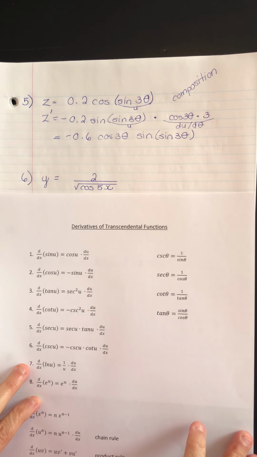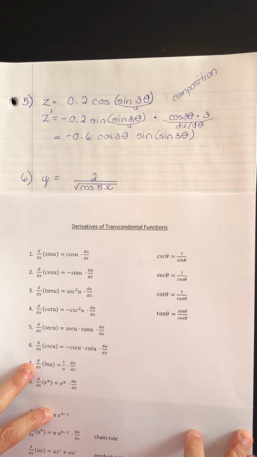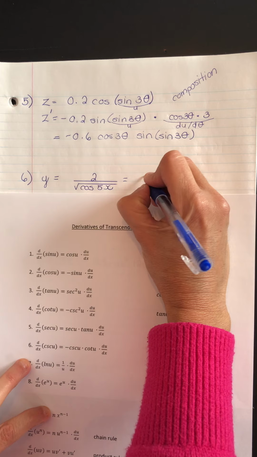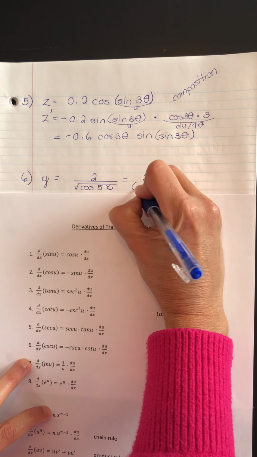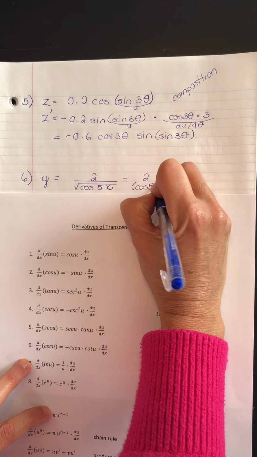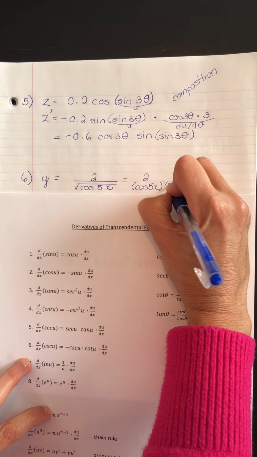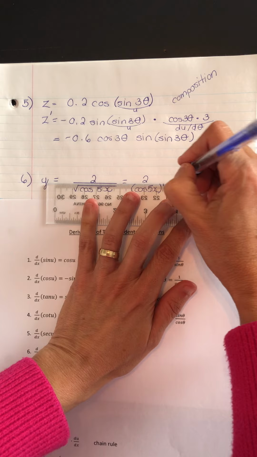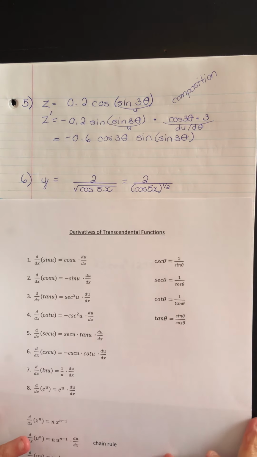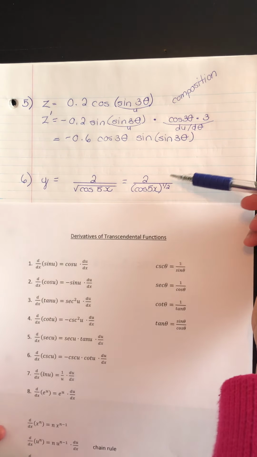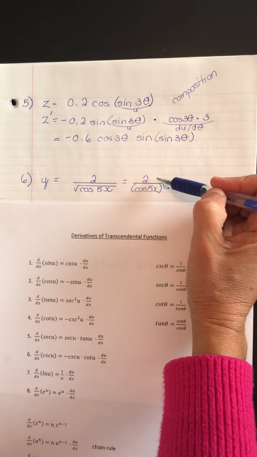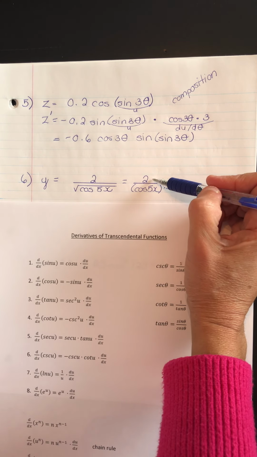So here's a 6th problem. Now we know that the square root sign is no good to us. So we would begin by making the exponent 1/2. And this doesn't require a quotient rule because there is no x in the numerator.